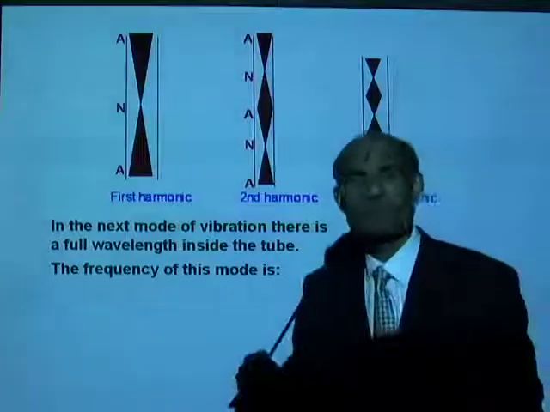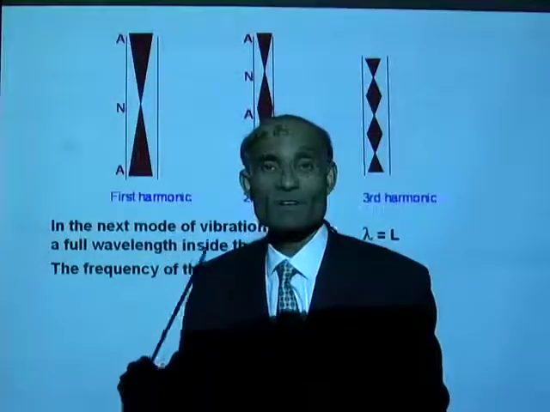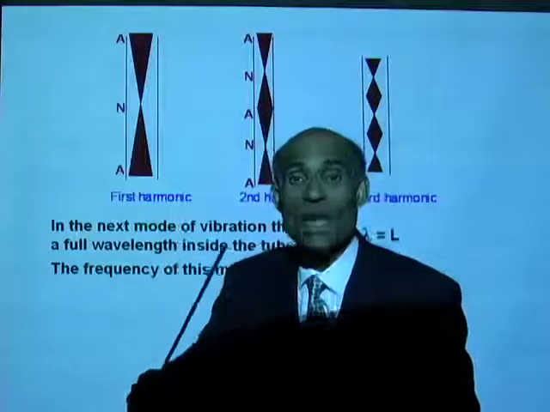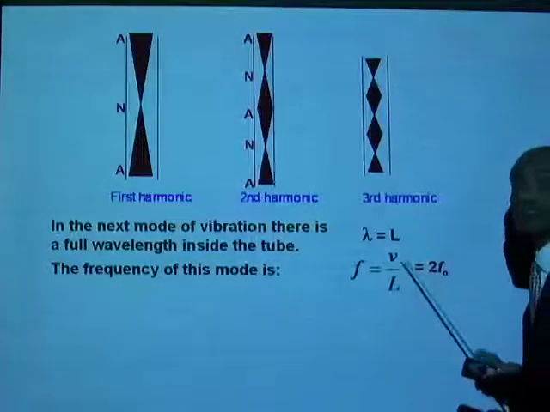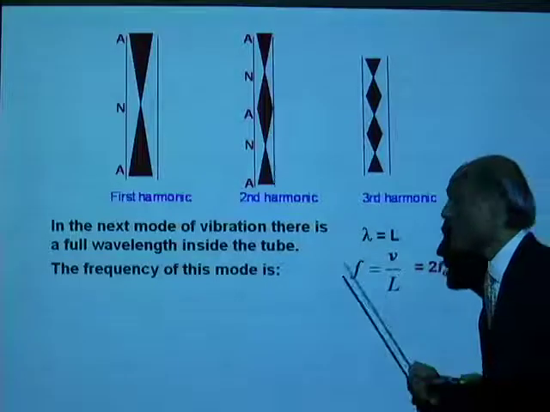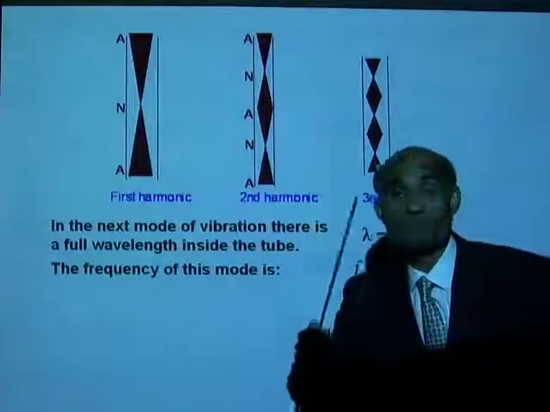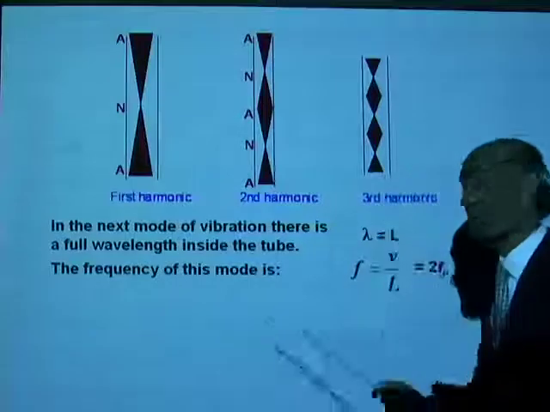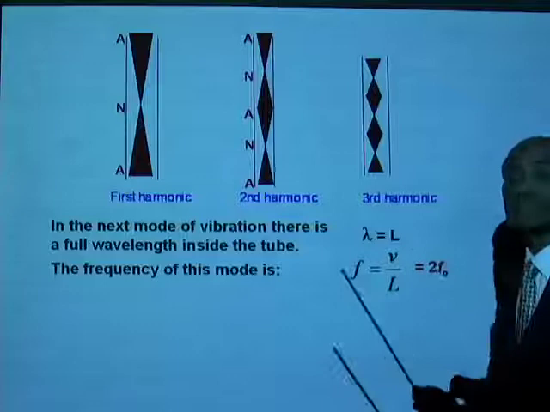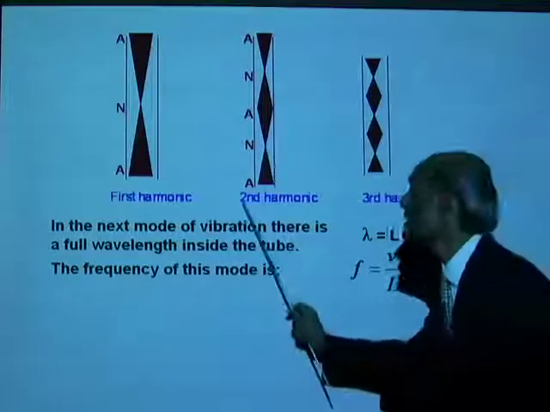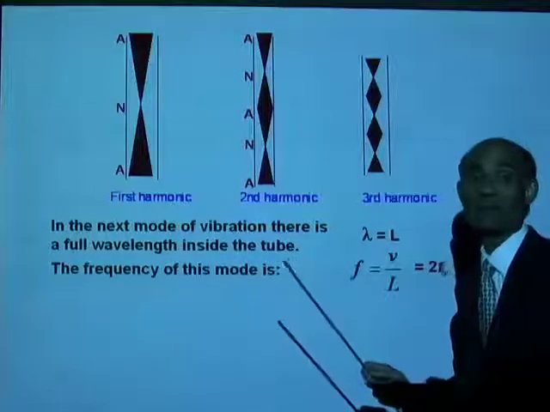Tell me, what was the frequency of the fundamental? V over 2L. Can you write this in terms of the fundamental? Yes, because V over L is 2 times V over 2L. So the frequency of the second mode is 2 times the fundamental. You see, you have the second harmonic there.